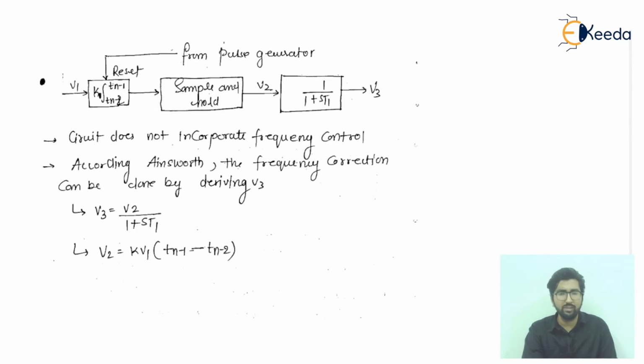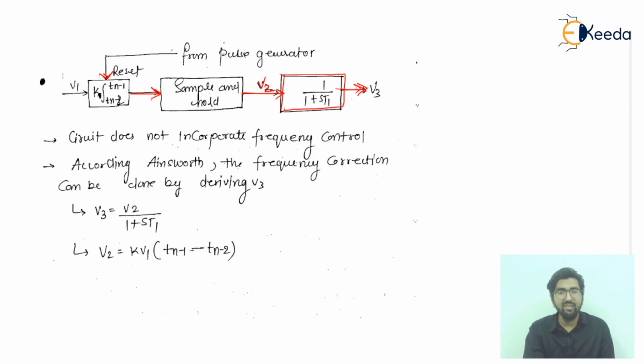The output of the pulse generator is given here and may be used for reset purposes. The output generated by this integrator is fed to the sample and hold circuit that you have studied in signals and systems. Then it is provided as V2 to a time domain block, and ultimately you get V3.